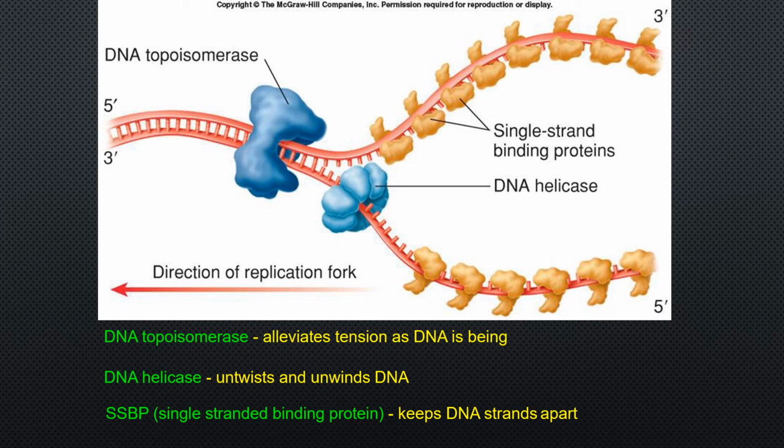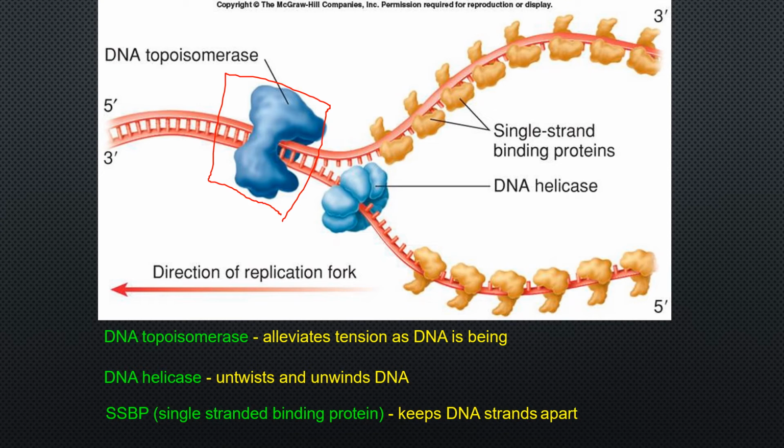So there are many enzymes that come into play during the DNA replication, but we're going to highlight several of them. The first thing I'm going to mention is what we call DNA topoisomerase. That is the enzyme that essentially alleviates that tension, that cord being all tangled up because of our opening, and it is alleviated using this particular enzyme, DNA topoisomerase.